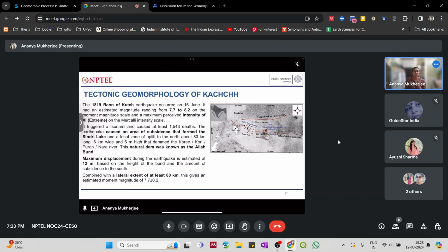This caused two kinds of tectonic displacements in the area surrounding the earthquake epicenter. There was subsidence, which formed the Sindri Lake, and there was a local zone of uplift also, which caused the damming of a river.